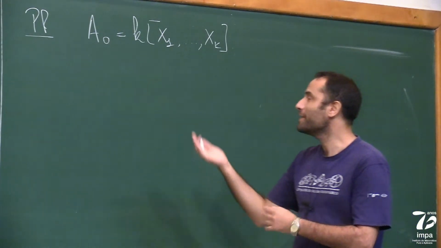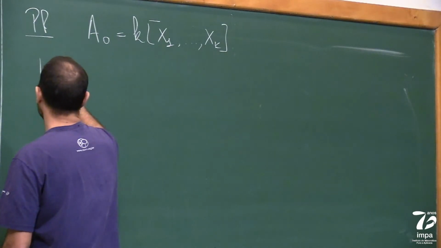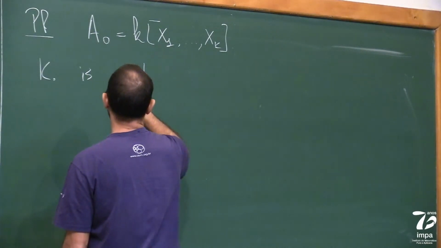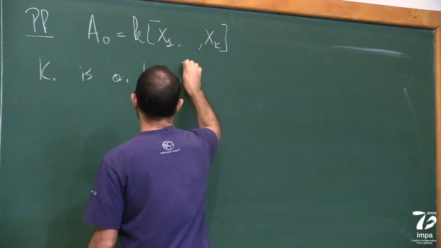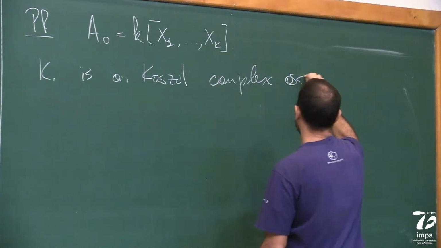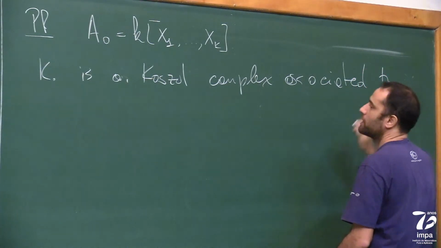In this case, this K is an actual Koszul complex, associated to a regular sequence.